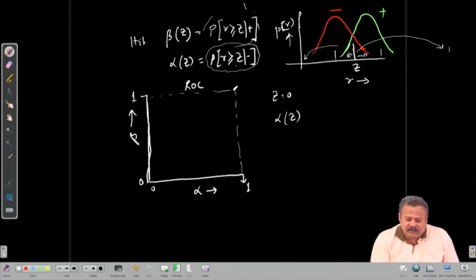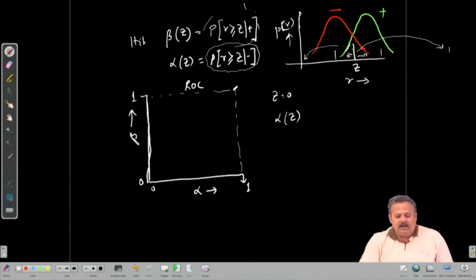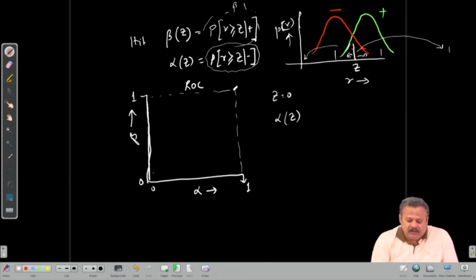So, our alpha is going to be 0, and we will be on the beta axis, the vertical axis, and exactly in the same way our beta is also going to be 0 for z of a very large value or plus infinity. So, alpha and beta are going to be at these two points. This is z equals 0 and here z is infinity.